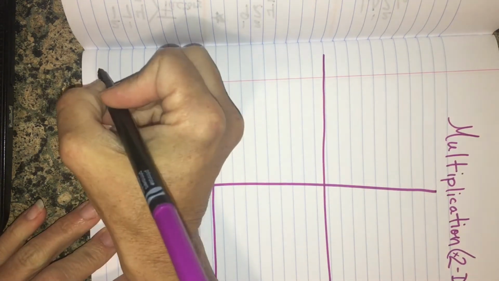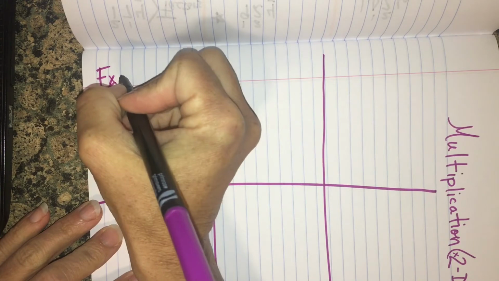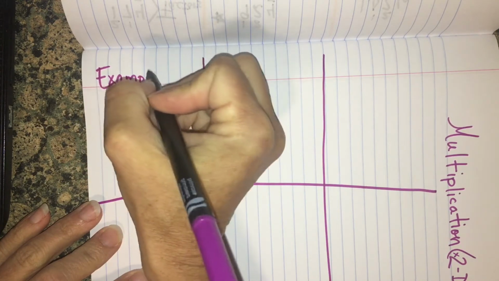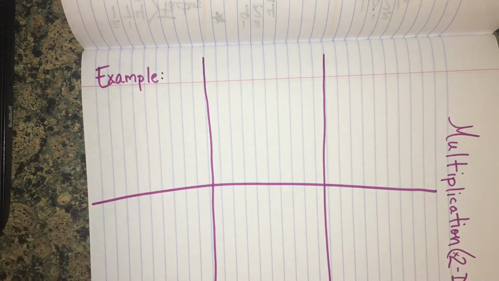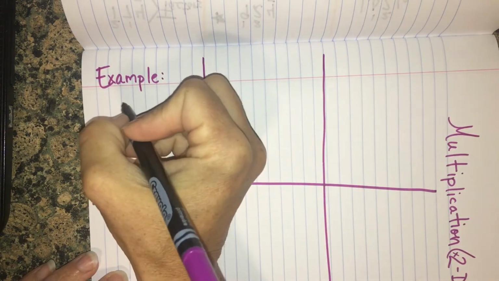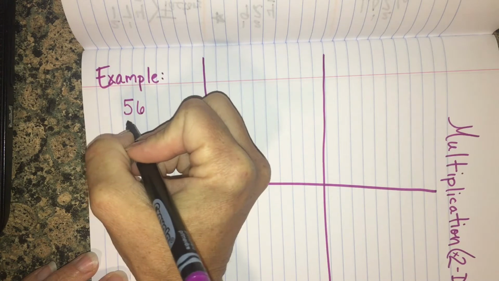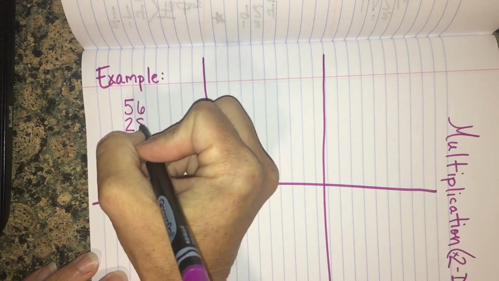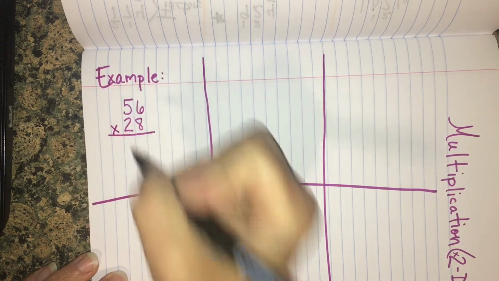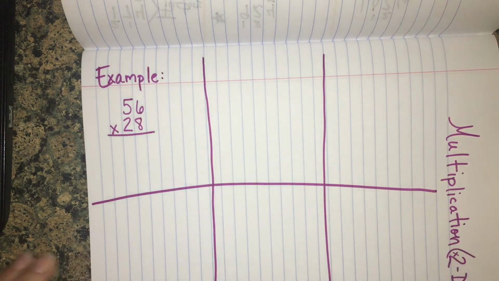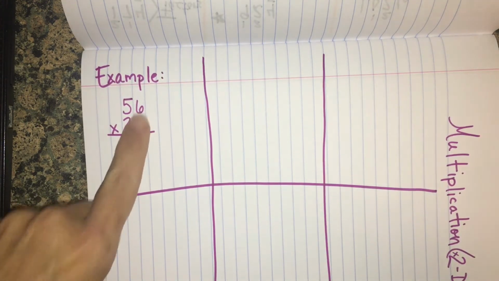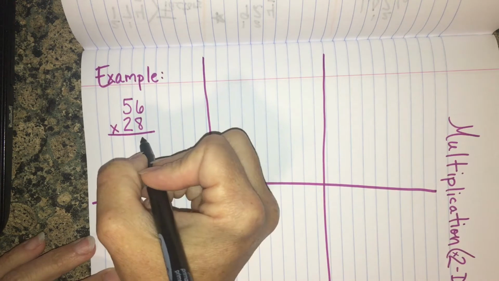So here is your example. And I may do 2 examples before you try it on your own. So I'm going to do 56 times 28. You're going to start off just like you did yesterday and do the 6 times 8 first, which is 48.